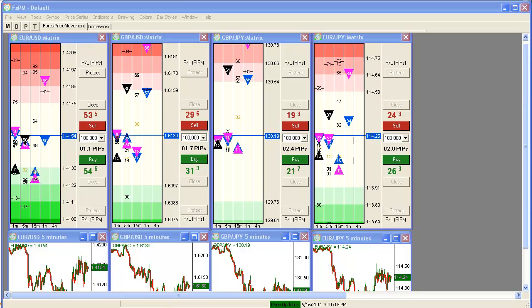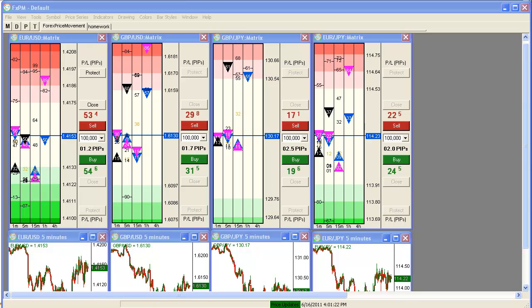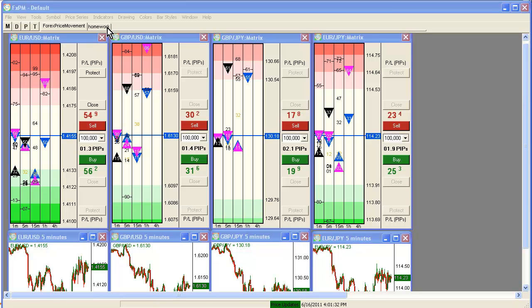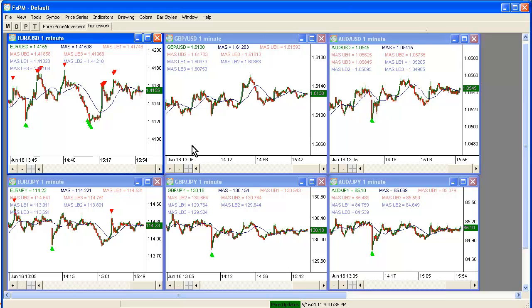Because if we were to show each trade of the day, you would literally be sitting here for 30 minutes or more watching this. So when I go over to my other workspace here on my homework tab, you can see the signals that were generated.